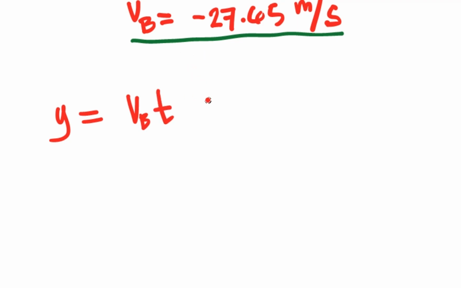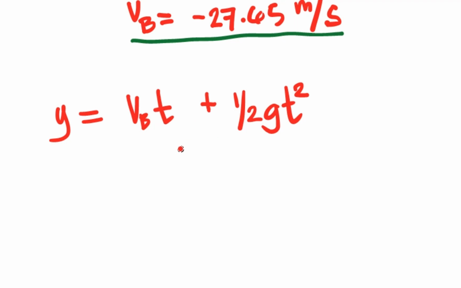The final will be at point C. The initial will be at point B. So this will now become your V initial, VB t, plus 1/2 g t squared.